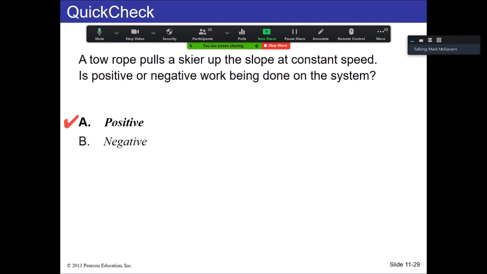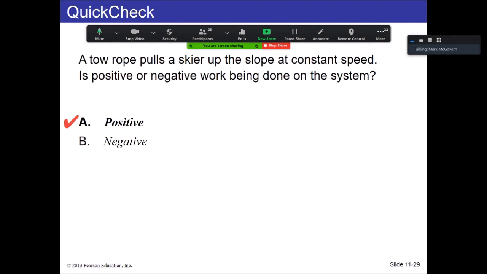The skier goes up the slope. We learned that work is force times distance, and the force and the distance are in the same direction. That's positive work, right? That's the math. The concept is, if this force were to act alone, would this object speed up? Yes, it would. And so it's positive work.